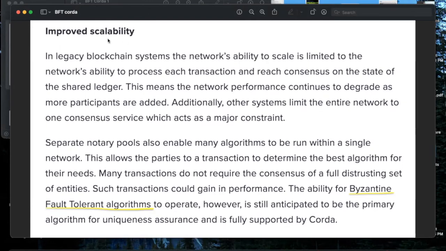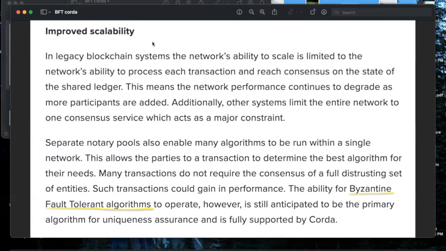On Corda's website, it says, improve scalability. In legacy blockchain systems, the network's ability to scale is limited to the network's ability to process each transaction and reach consensus on the state of the shared ledger. This means the network performance continues to degrade as more participants are added. Additionally, other systems limit the entire network to one consensus service, which acts as a major constraint. Separate notary pools also enable many algorithms to be run within a single network.